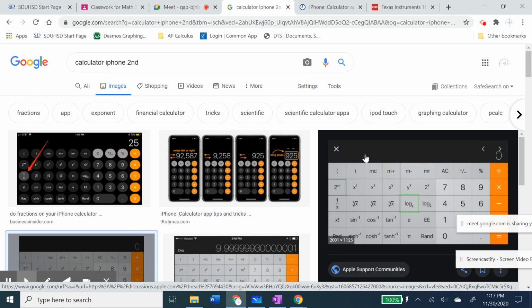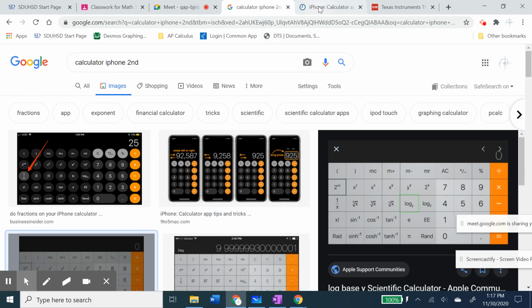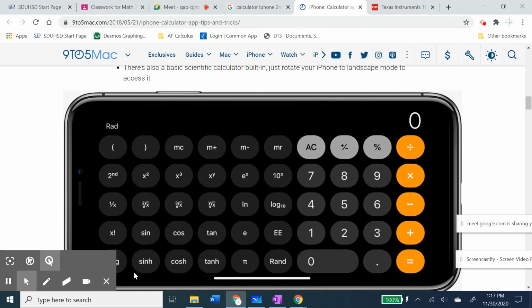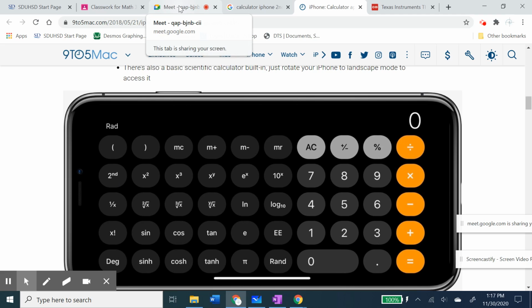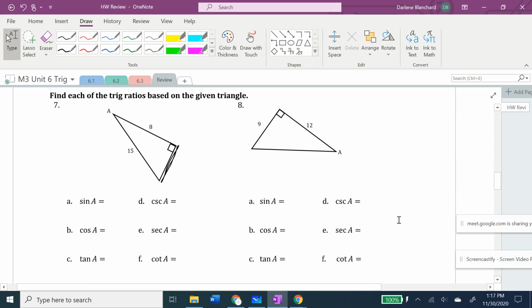If you are on the regular, before you push the second button, then you have sine, cosine, and tangent, and you want to stick to using just those three. And make sure that you're using parentheses as well. So I'll leave it at that, and you can stay after a little bit if you still need some more guidance.